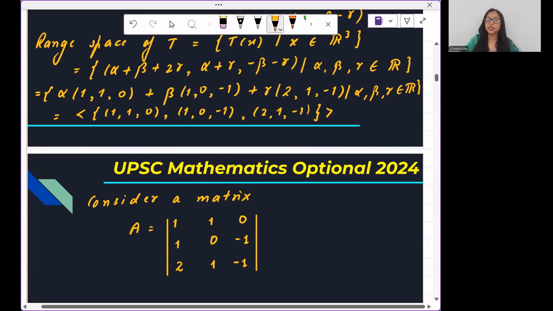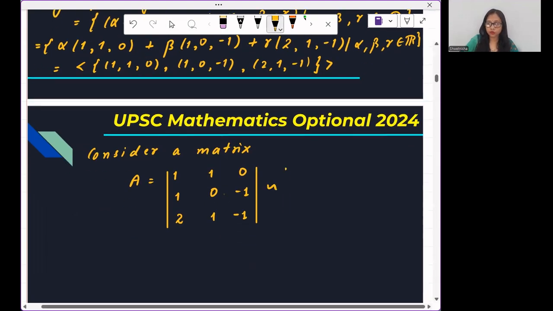But the problem would be that in that case, you need to do extra calculations for finding the reduced vectors which are linearly independent also, and they will span the complete range also. So instead of checking linear independence by finding the determinant, we'll try to find the echelon form.